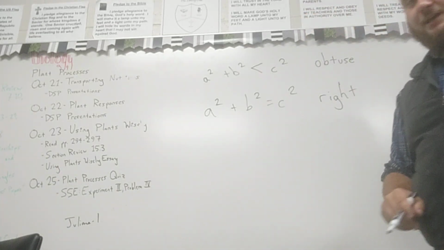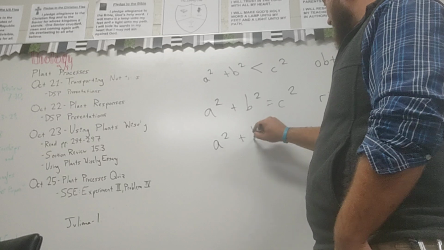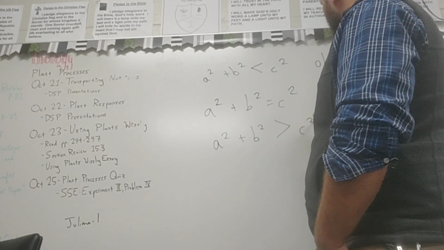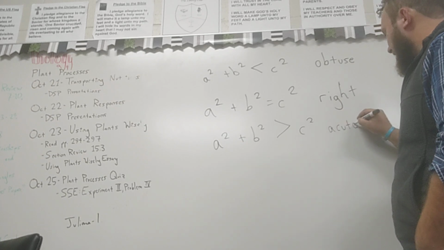And then if we have one step below it, a squared plus b squared is greater than c squared, that would be an acute triangle.